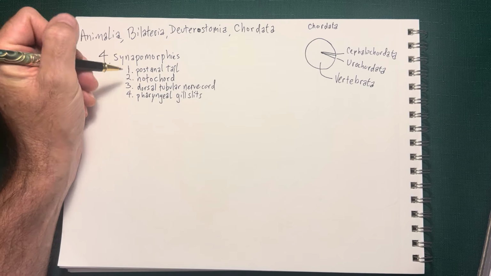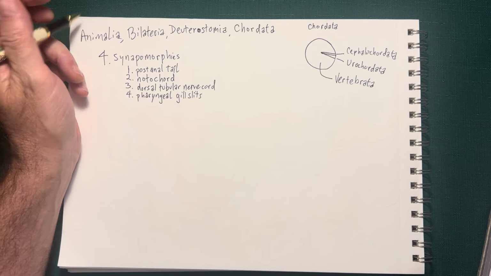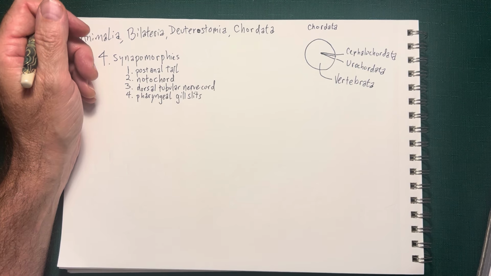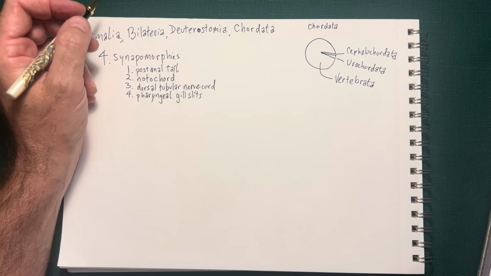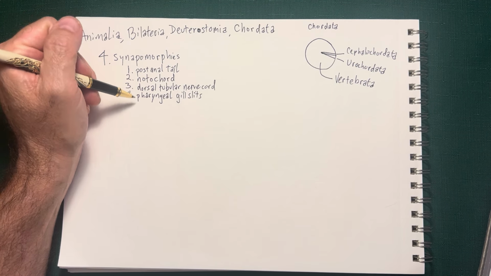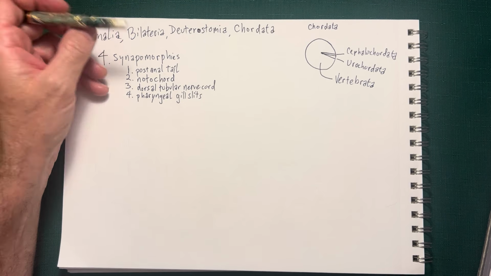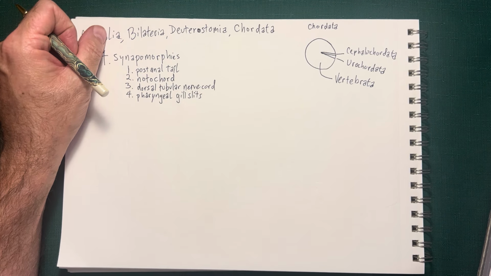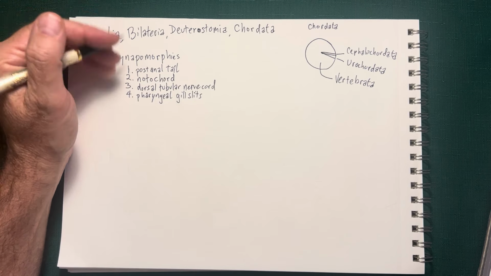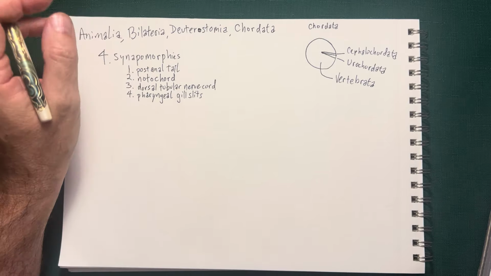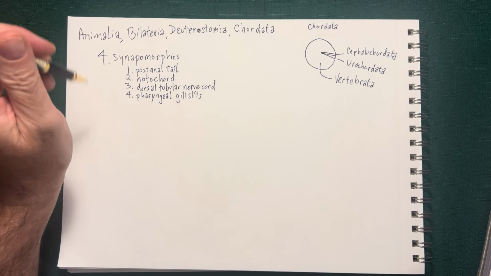If you asked me to point to these things on my own personal body, I wouldn't know where to look. And that is true, that it's hard to kind of just point these things out. But many of these things become modified, or we find that they only exist in the animal during part of their life. So both of those things are happening, and I will get to how that works later.